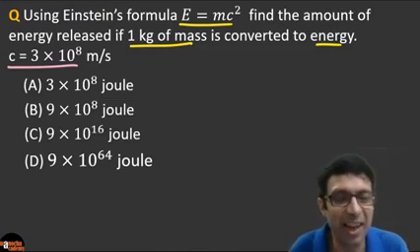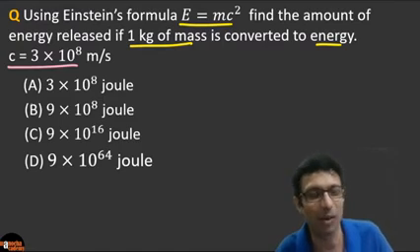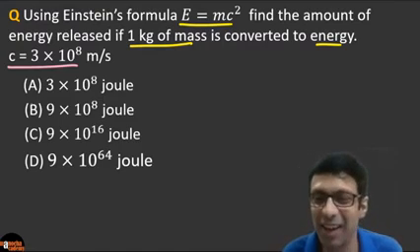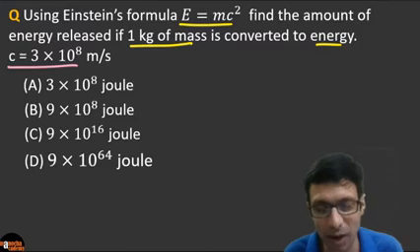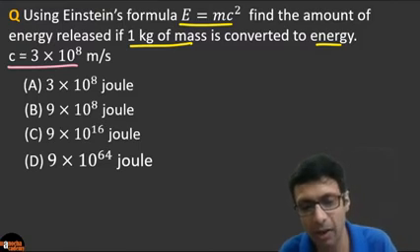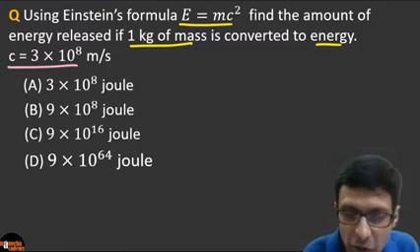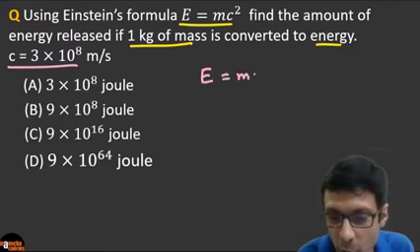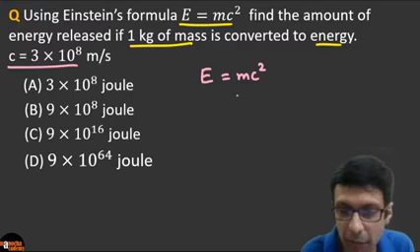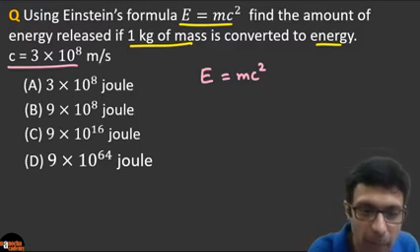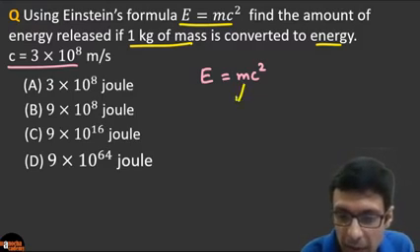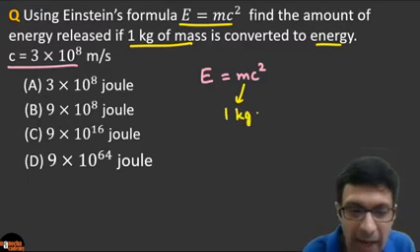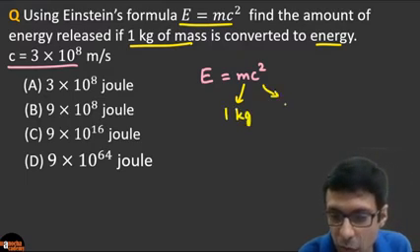Yes, Albert Einstein's famous formula. We have Albert Einstein also in the class here, right? So come on, guys, calculate and tell me. Use your maths knowledge. We are going to use the formula E equal to mc square. We want to find the energy when the mass given is 1 kg, and c is the speed of light, 3 into 10 to the power 8 meter per second.